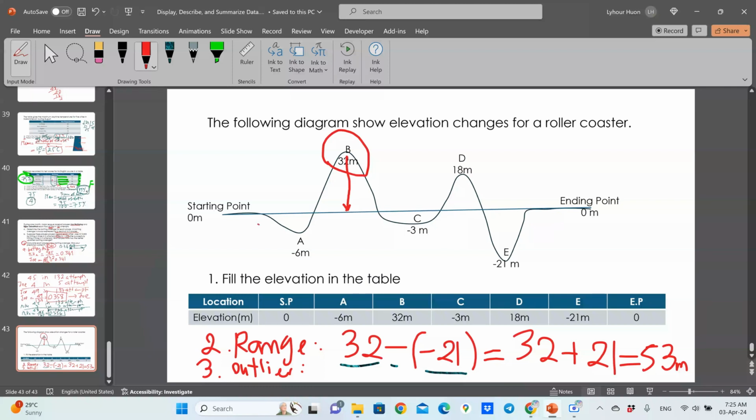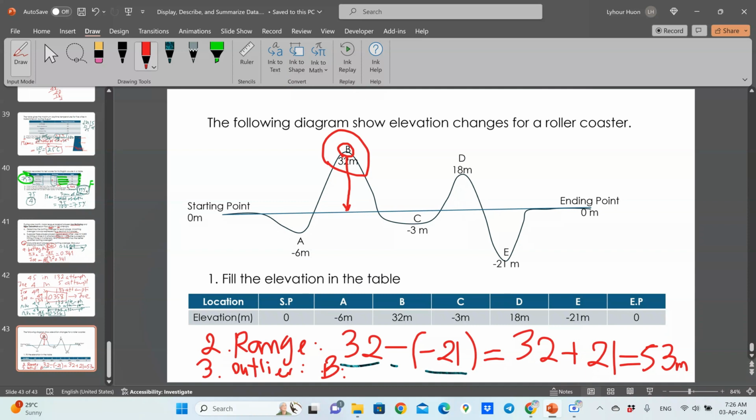For example, if you ride this roller coaster, which location would make you very scared? I think point B, the 32, would make you scream. Okay, so an outlier is something that does not belong to the group. So we can say point B is the outlier.